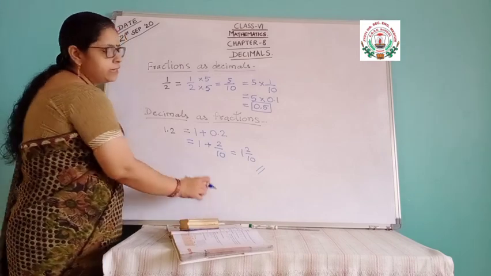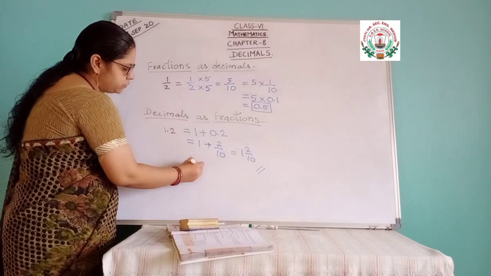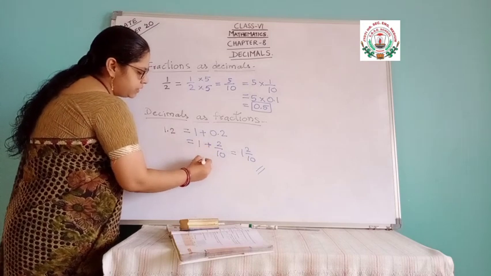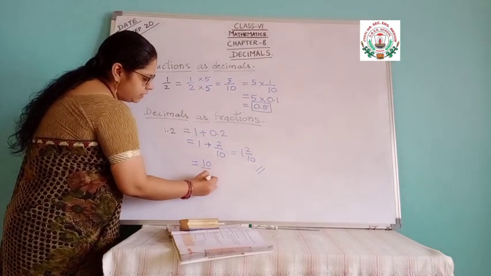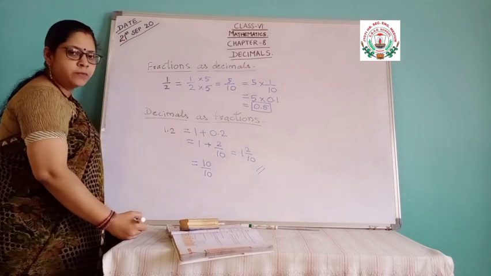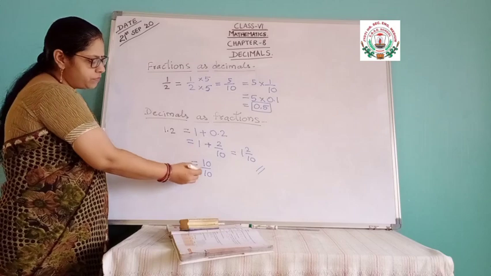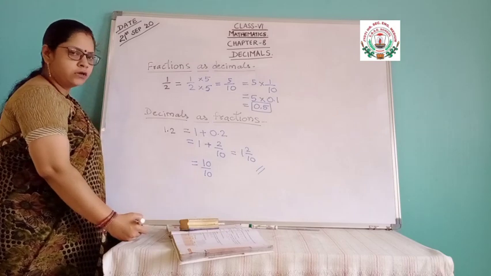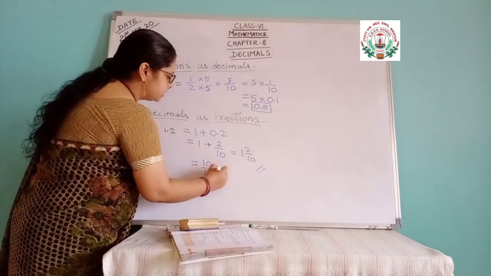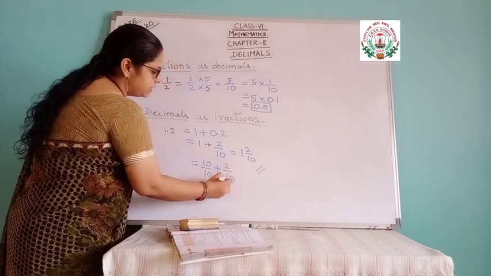But if you want that in the improper fraction, how will you do that? This 1 you can write as 10 by 10, because here the denominator is 10. So the other number also we will write with the denominator 10. The other number is 2 by 10, already given.